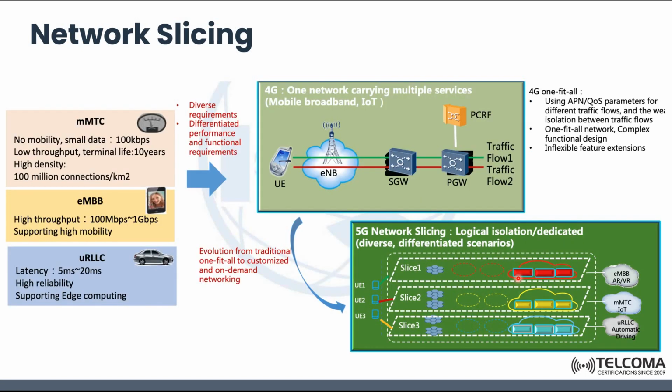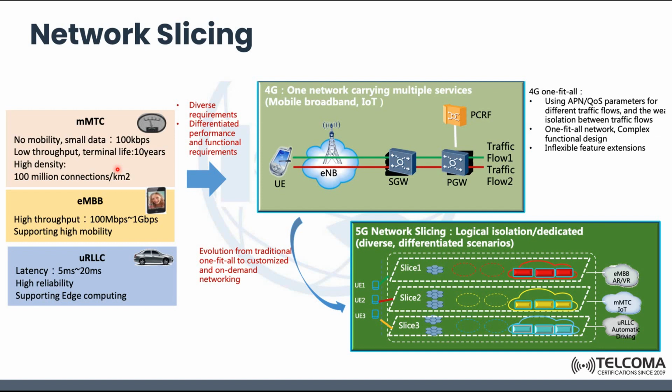Now we come to what network slicing is all about. In massive machine type communication, we don't need mobility. Our throughput requirements are very low, but we need millions of connections in a square kilometer. Means the number of connections we need is very high.